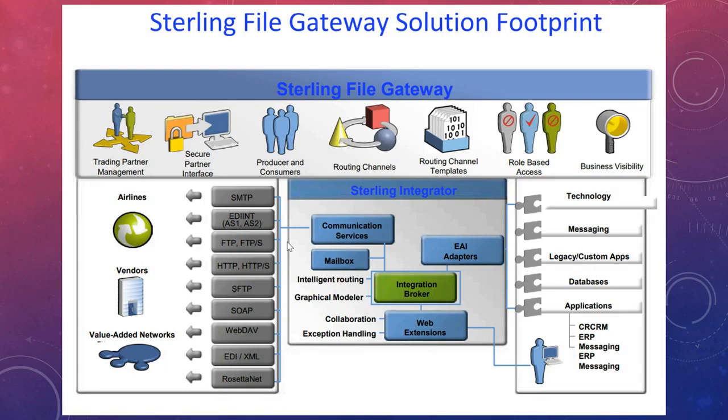And then, as I mentioned, there are certain reports that you can generate based on the file transfers and different kinds of failures, and you can have those nice, rich analytics derived from the reporting module within Sterling File Gateway.